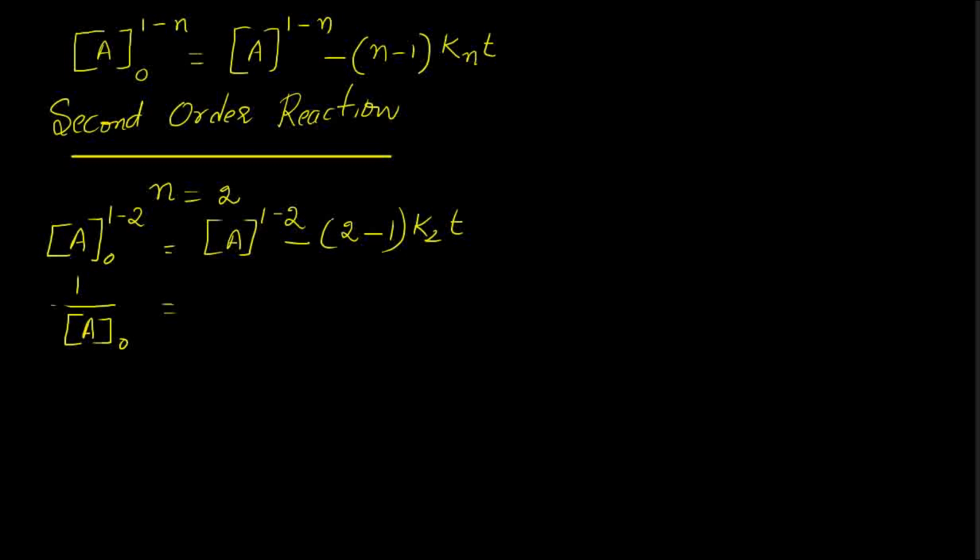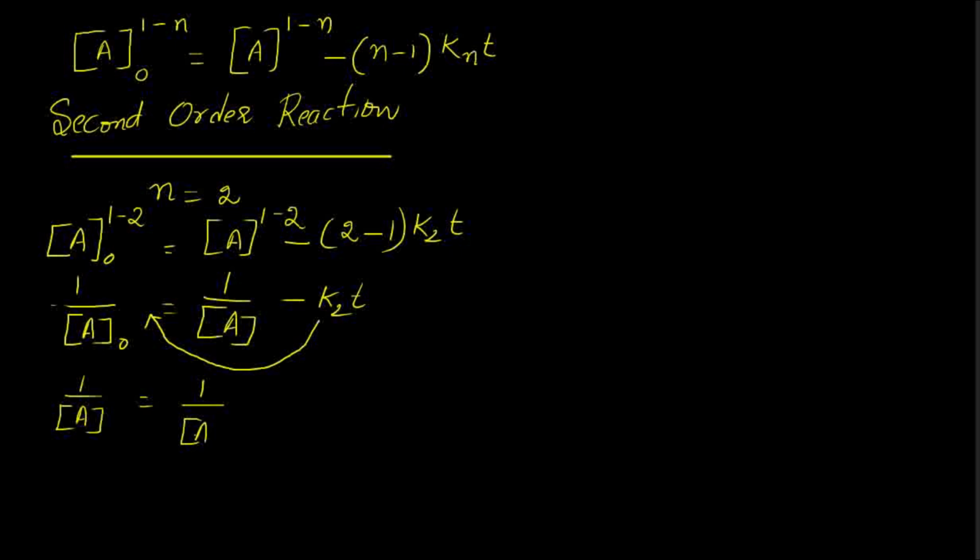Also here A to the power 1 minus 2 is 1 by A, and minus into minus is plus, so that is minus 1 times k2t. Taking minus k2t to this side, 1 by A equals 1 by A naught plus k2t.